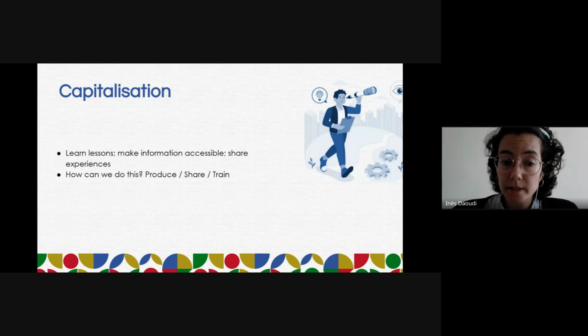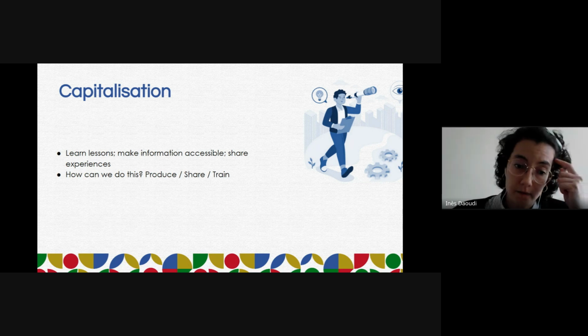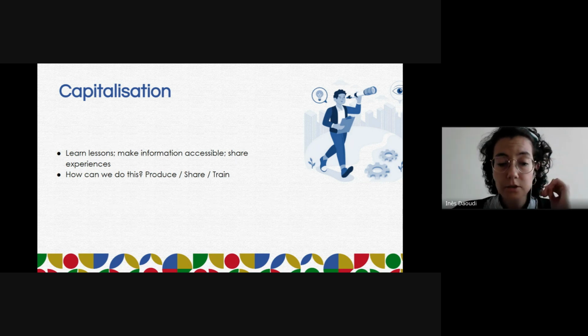The team also organizes workshops to share the findings with other projects and gather feedback. So in this example, capitalization is a continuous process involving data collection, analysis, and documentation of lessons learned.